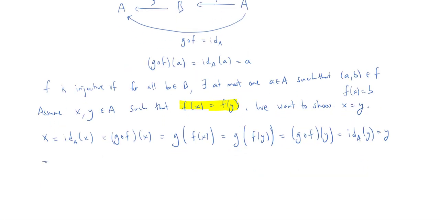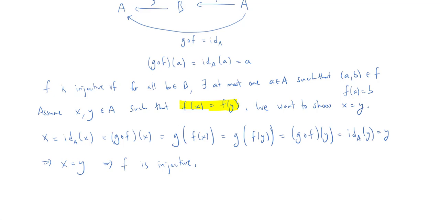So therefore, X is equal to Y. And because we showed any possible collision isn't one, right? If you had any possible collision, which is what this is, they actually needed to be the same points from the beginning. This implies F is injective, which is the goal of the problem.